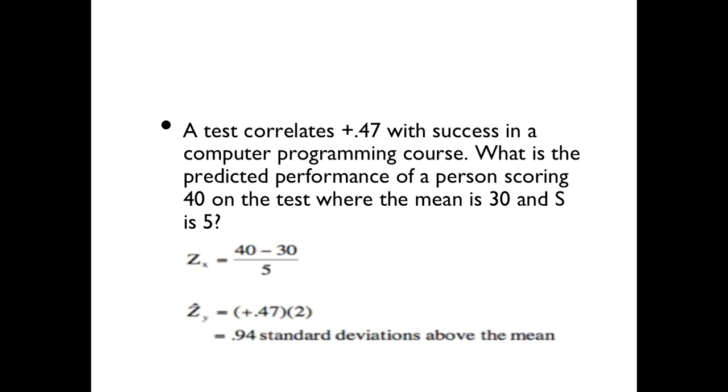What is the predicted performance of a person scoring 40 on the test, where the mean is 30 and the standard deviation is 5? This is how it's worked out. The predicted performance is equal to 0.94 standard deviations above the mean.